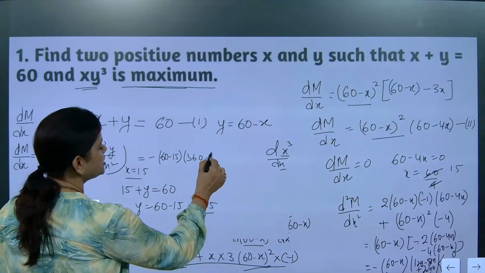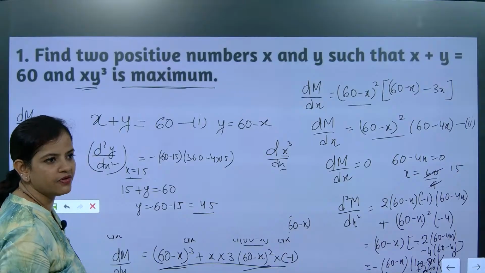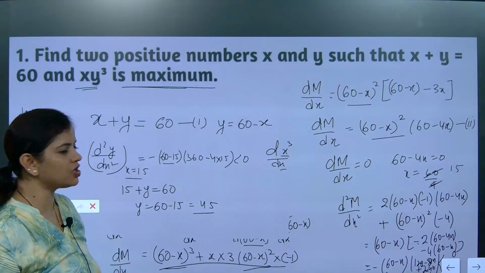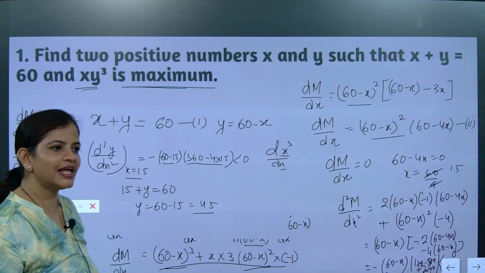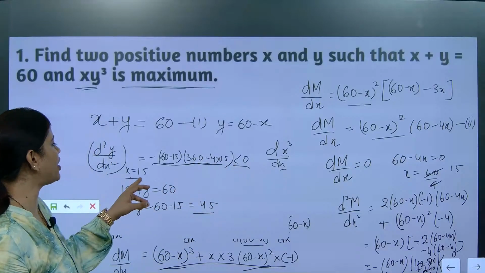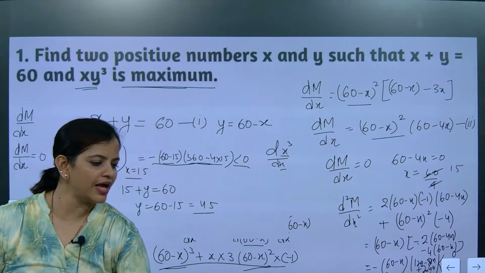So minus 4 into 15. This much work you will do, the answer will come negative, which is less than 0. See, this part will come positive, this part will also come positive, and minus is negative. So the entire value is less than 0, so x is a point of maximum. Understood? Only this small work you have to do and you will get the answer.